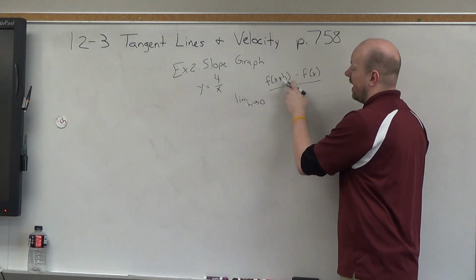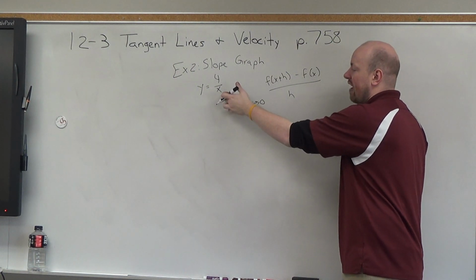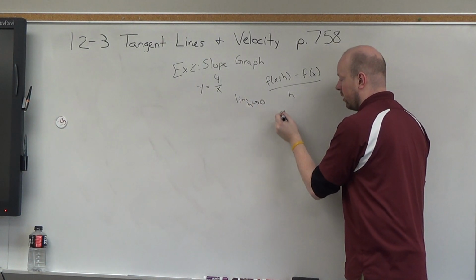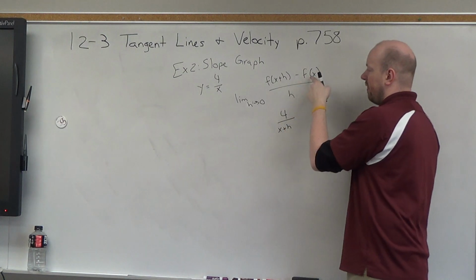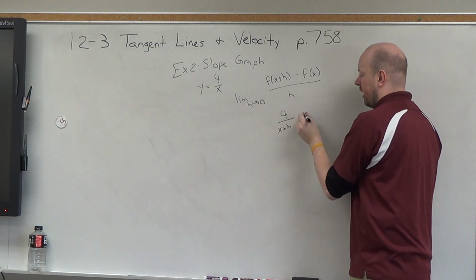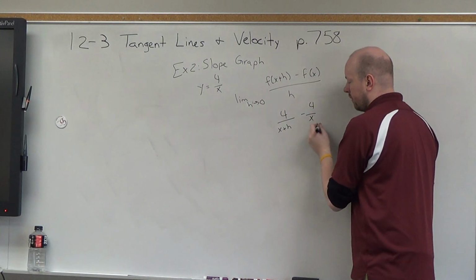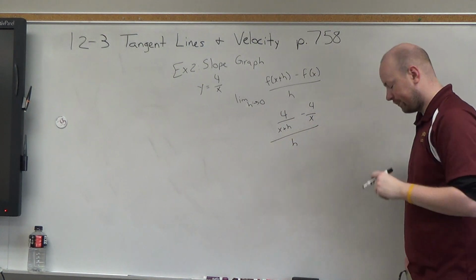Well, again, I'm just plugging x plus h into my equation everywhere I see it, so my new top is 4 over x plus h instead of x. And this one would just be 4 over x, and then over h stays.